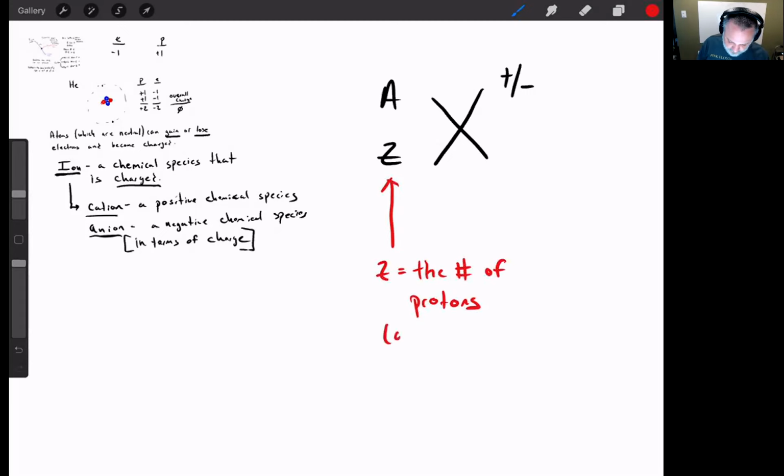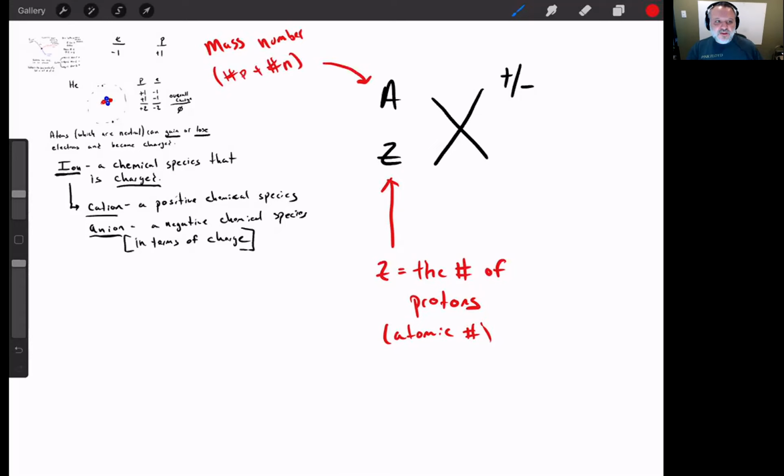It's also the atomic number. And remember, the atomic number is from the periodic table of elements. A is the mass number, and it's essentially the number of protons plus the number of neutrons, right?